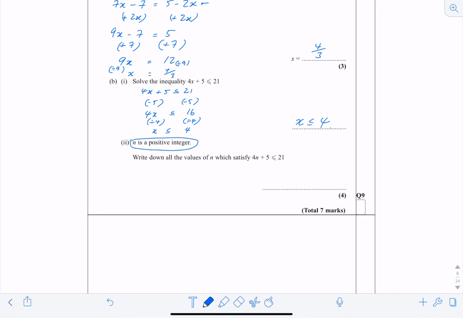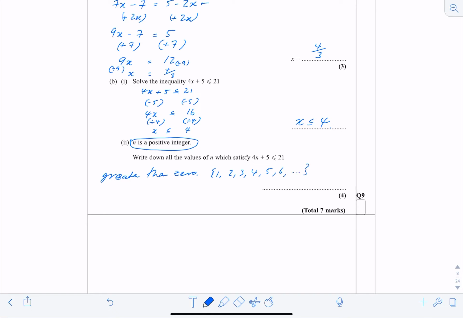And if we know that n is a positive integer, it's got to be greater than 0. That's all it says. So if I were to list the numbers, I would just go 1, 2, 3, 4, 5, 6, dot, dot, dot.